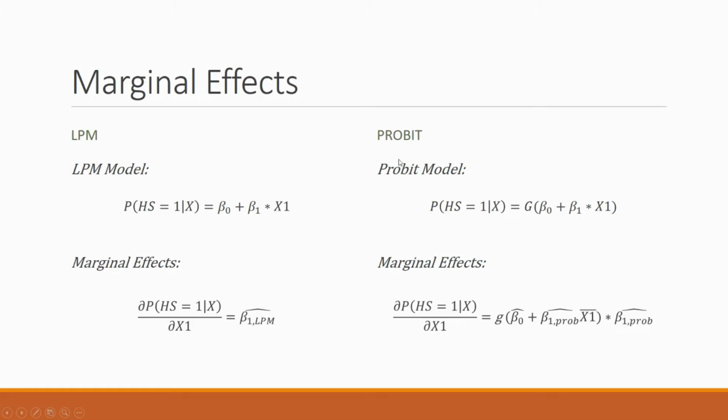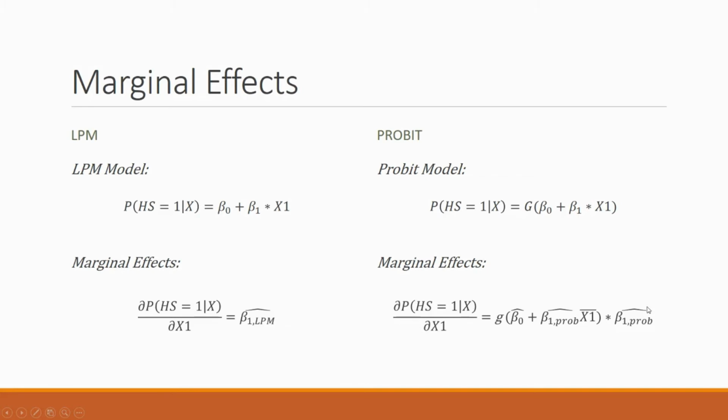But if we use a Probit model, and I'm focusing on Probit rather than Logit because this is most common, the probability that the dependent variable will be equal to 1 is not just a linear function, but a nonlinear function of the linear function. So when we take the derivative, the marginal effect is the derivative of the probability with respect to the independent variable.